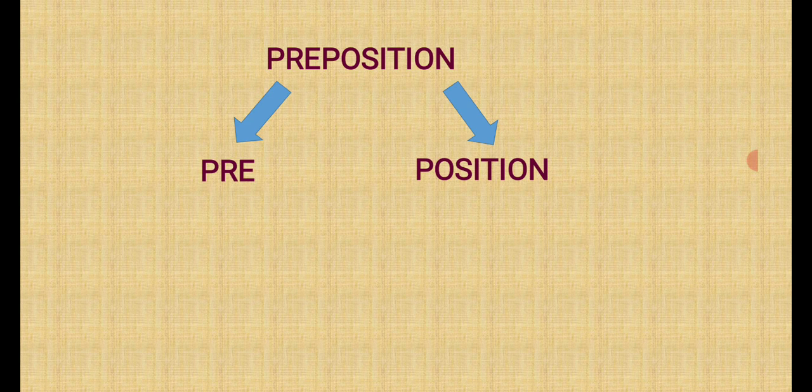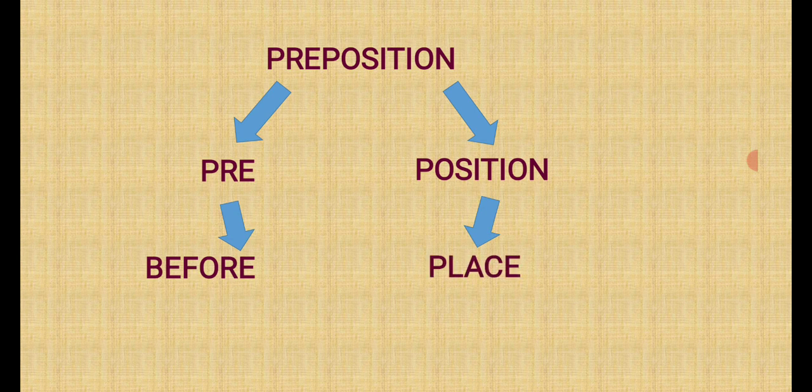Pre means before and position means place, and it is related to the noun, pronoun or any object. So we can say that preposition is the position of a noun, pronoun or any object. It indicates the place of the noun, so it is called the preposition.